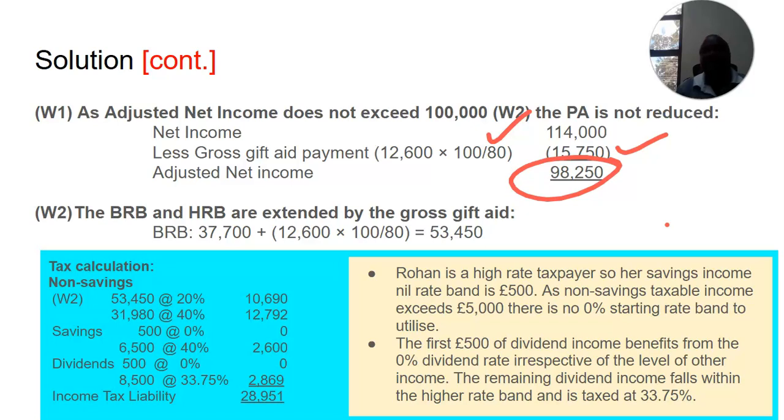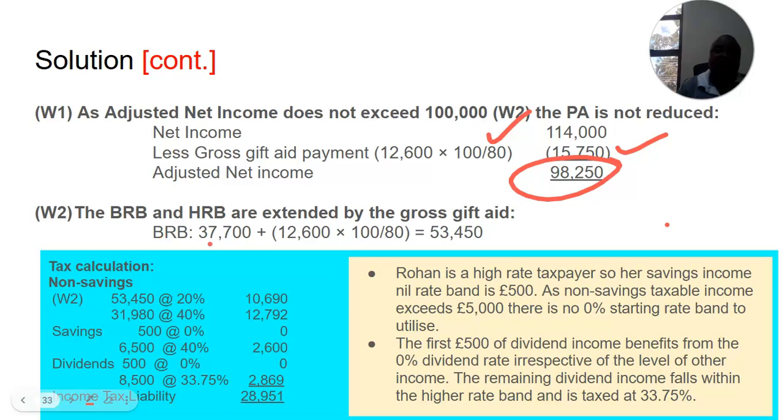All right, now you need to go a step further, because on top of the personal allowance, you also have the chance of enjoying the extended basic rate band from the grossed up gift.